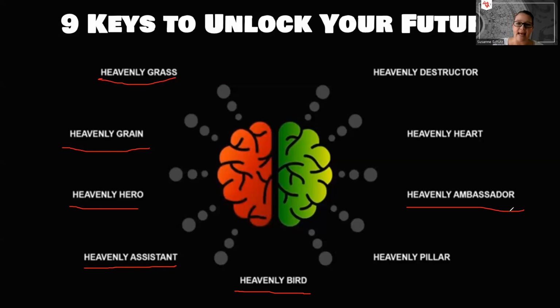Now they can represent, they can stand out, and they can tell people how to do things. They're very good at delegating, but you need to learn how to do this without upsetting things. Yeah, just similar to the heavenly pillar. Heavenly pillar needs to learn how to communicate. The heavenly ambassador needs to learn how to manage and delegate without just barking out orders.